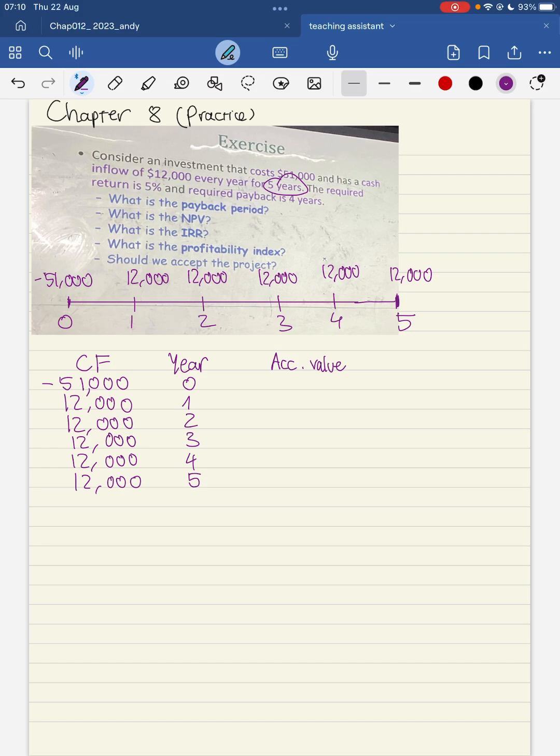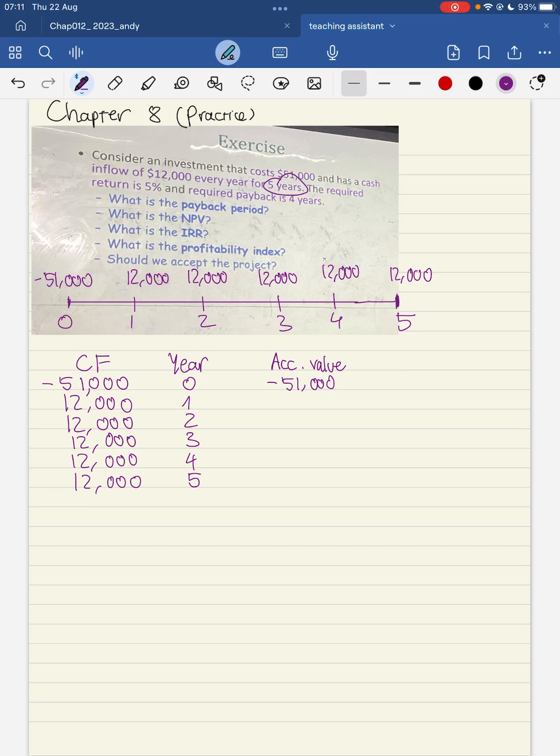In year 0, just a reminder, accumulated value equals the cash inflow plus the cash outflow. Therefore, in year 0, we have the accumulated value of minus 51,000, because there is only cash outflow in year 0, no cash inflow.